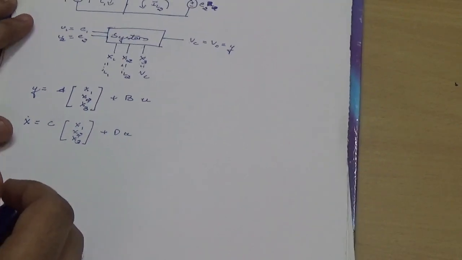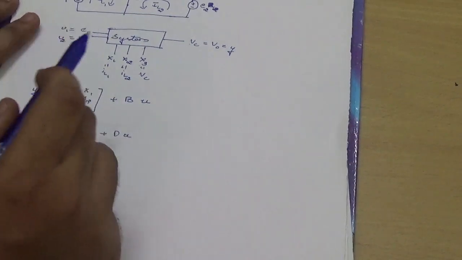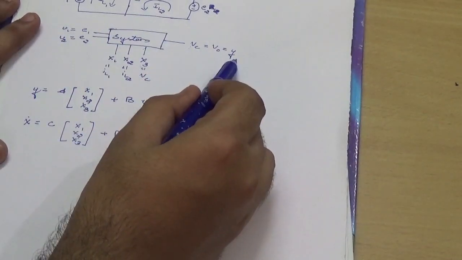Now let us start by writing the output equation. We observe that the output equation is having only one state variable, that is Vc.